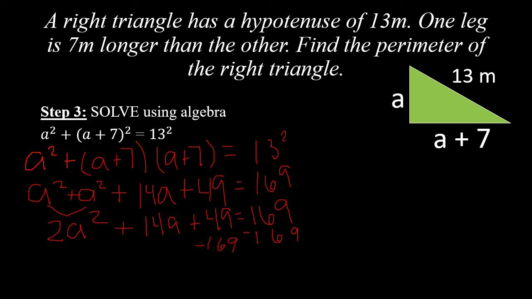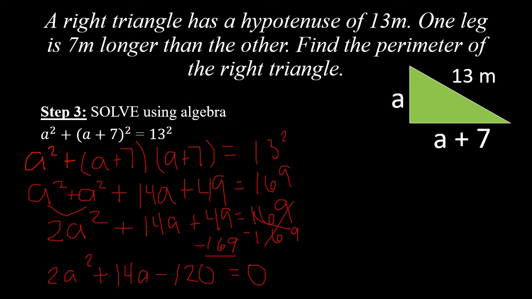So that will get rid of the 169 on that side. It will zero it out, which leaves us with 2a squared plus 14a minus 120 equals 0. Okay, so now we can factor and solve.